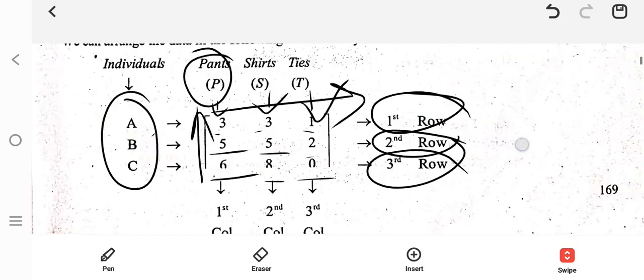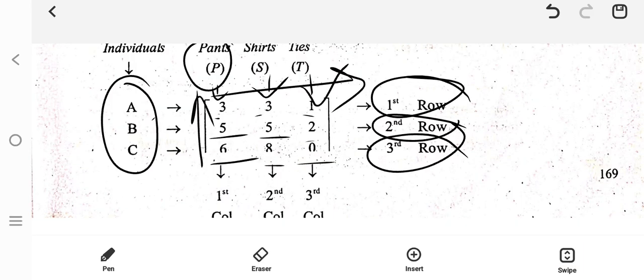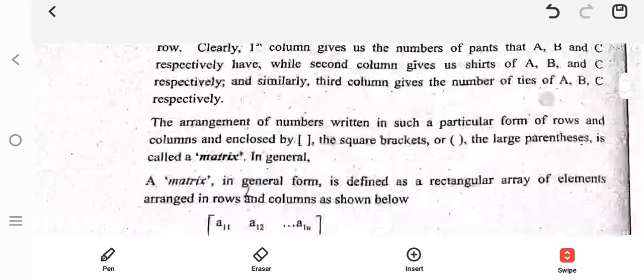And the first column gives us the data of pens for the individuals A, B, C respectively. From the second column we can see all the data of shirts for A, B, C respectively, and from the third column it gives us the data of ties for A, B, C respectively, right?